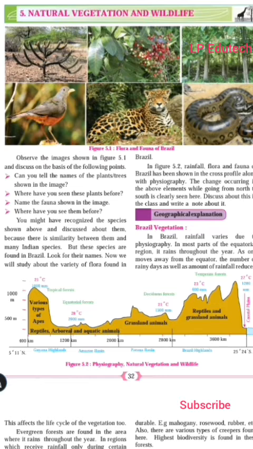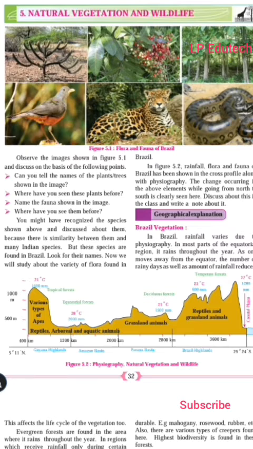Now, where have you seen these plants before? The cactus is mainly seen in a region which receives very little rainfall. As it survives in a dry area, it is only visible in that particular place.